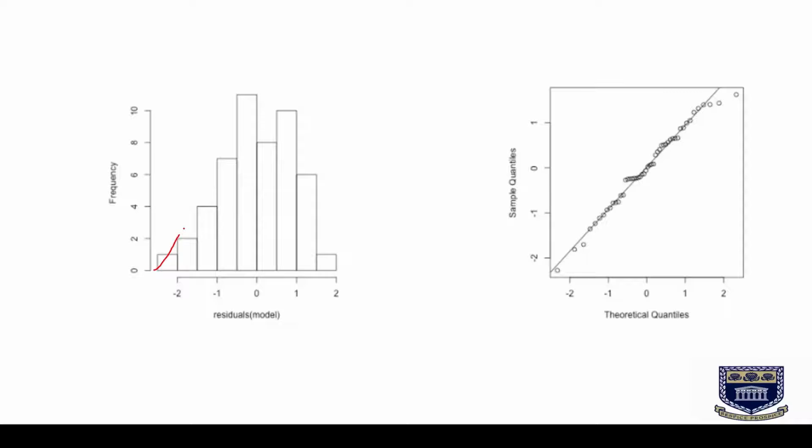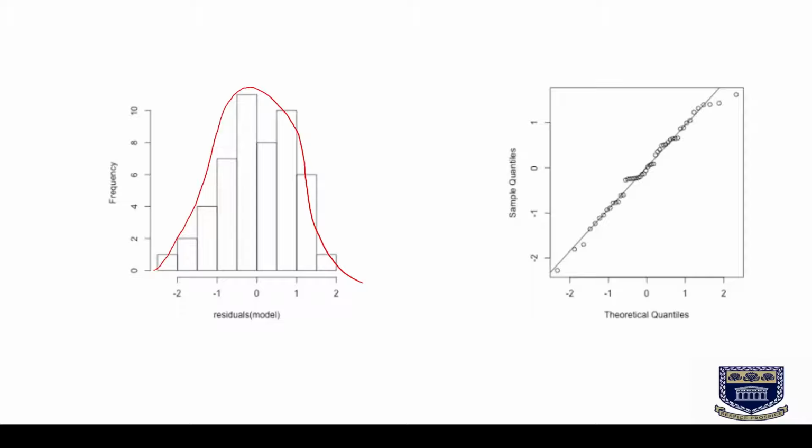If you squint, in this instance, you can sort of imagine that this is somewhat normal looking, and the idea is just that you have a reasonable approximation to a normal distribution. So even if it's not exactly normal, as long as it somewhat approximates a normal distribution, you might be happy assuming that the error terms are normally distributed for these data.